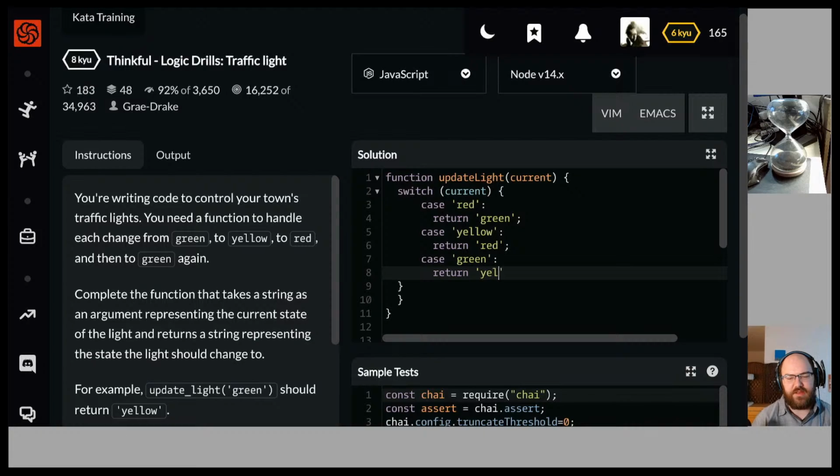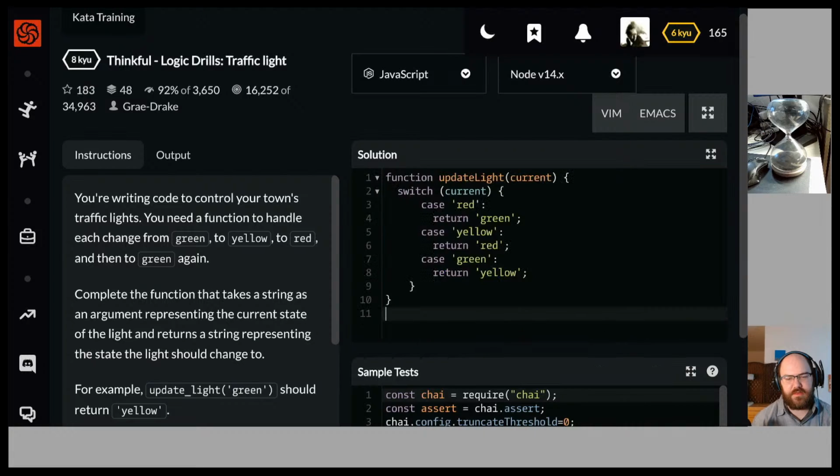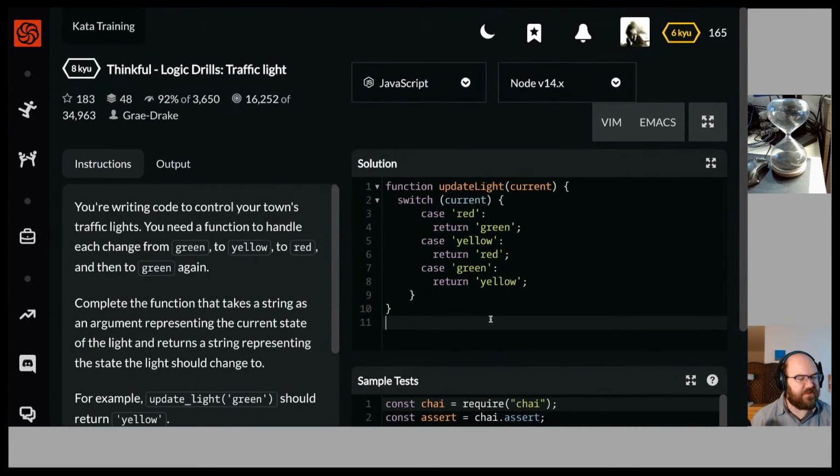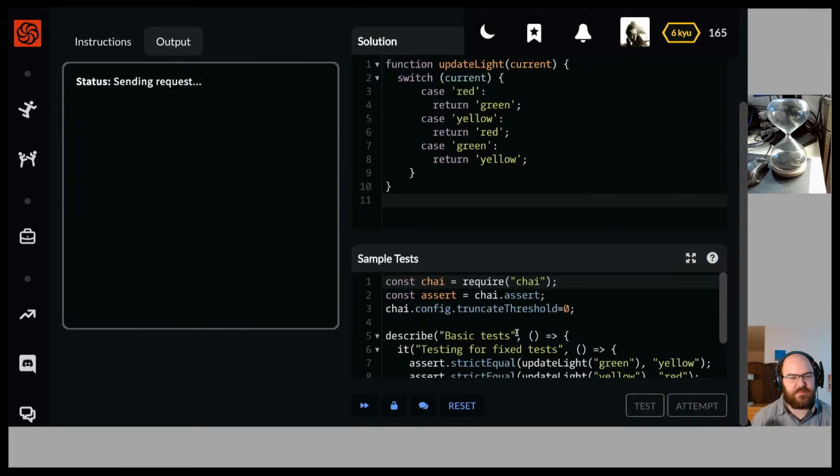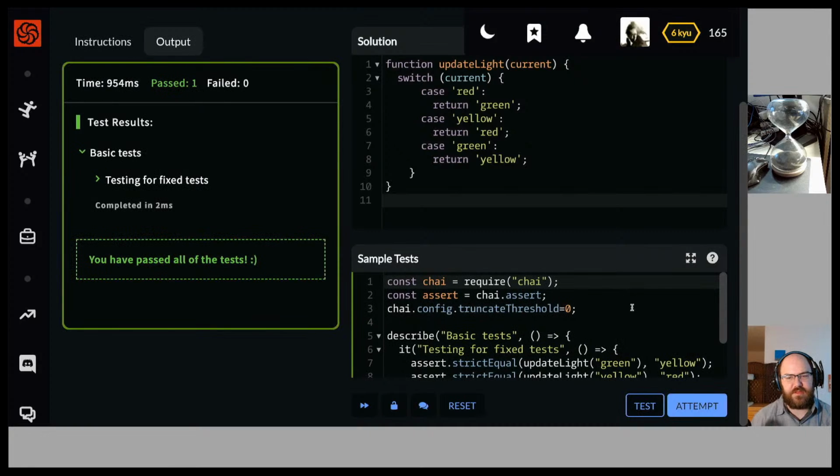Green goes to yellow. I think I've got one too many of these braces. Run a test on that. Looks good. Again, I didn't have to include the break statement because the return covers that.